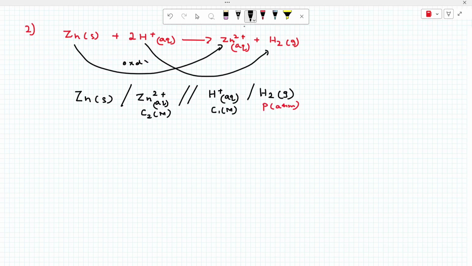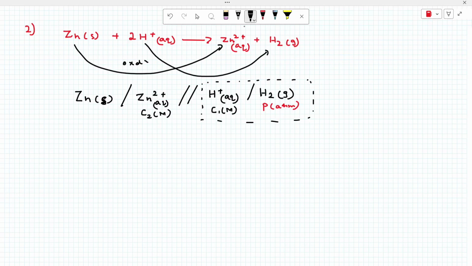Now listen, this is a very important point. The anode here is zinc solid, yes or no? So it gives some surface area to undergo oxidation. In the cathode compartment, is there any solid? No, because there is only aqueous and gas. So remember, in the cell representation, if there is no solid part, we can use the platinum electrode for the surface area.